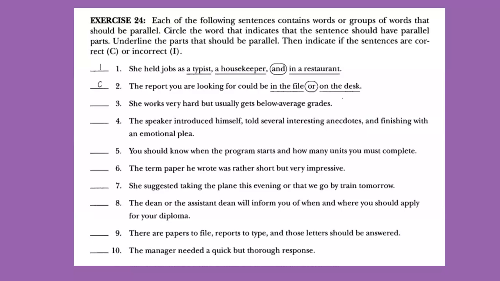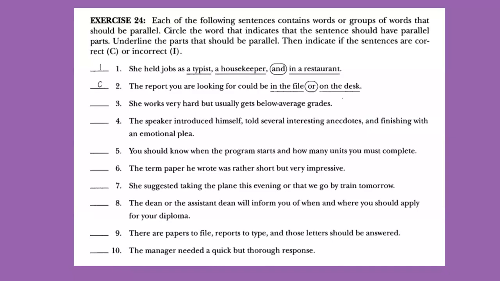Like this exercise. It says, each of the following sentences contains words or group of words that should be parallel. Circle the word that indicates that the sentence should have parallel parts. Indicate if the sentences are correct or incorrect.